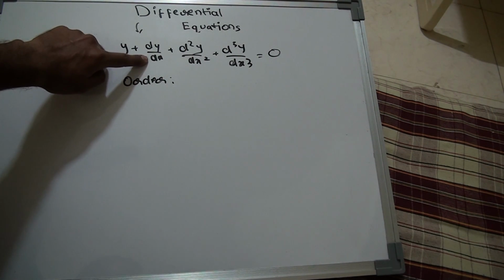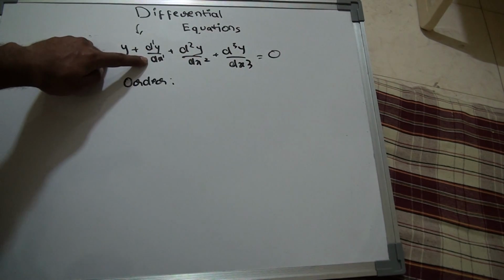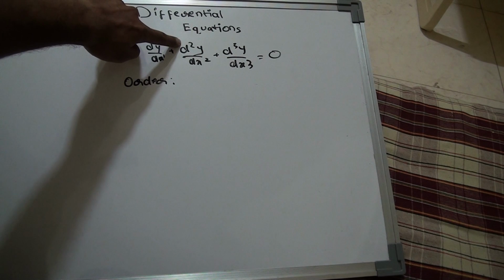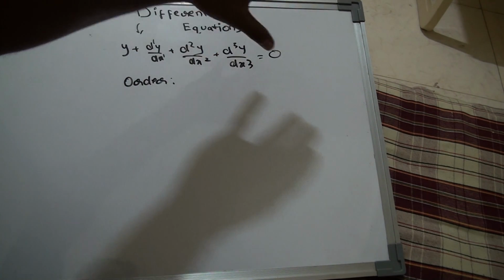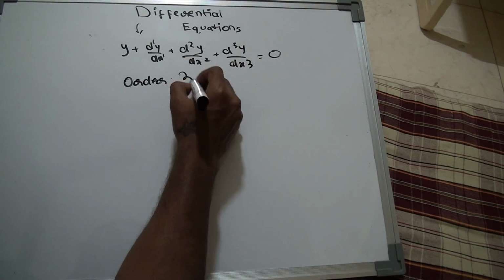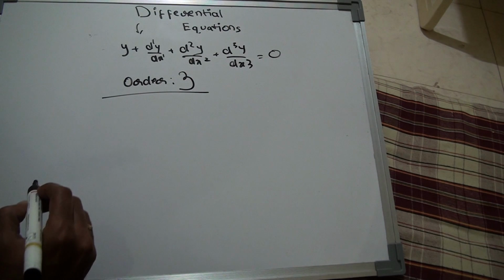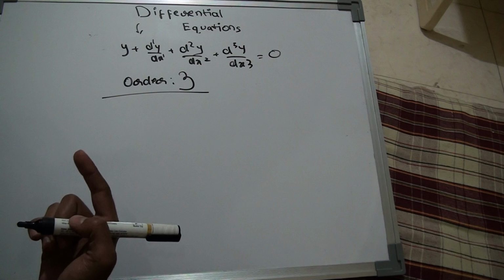Over here? 1. If you see, the exponent over here is 1. Then over here? 2 times. Over here? 3 times. So what is the highest order that you got? 3. That is the order of the equation.